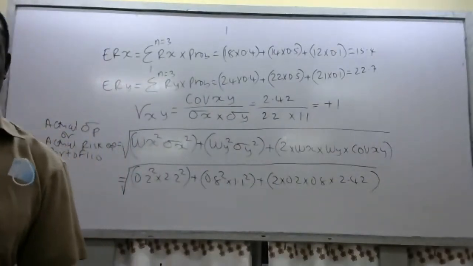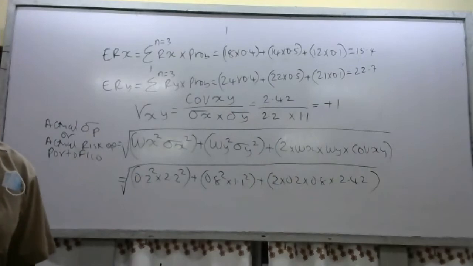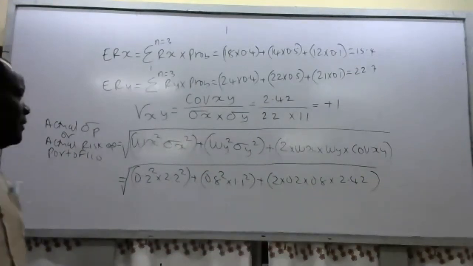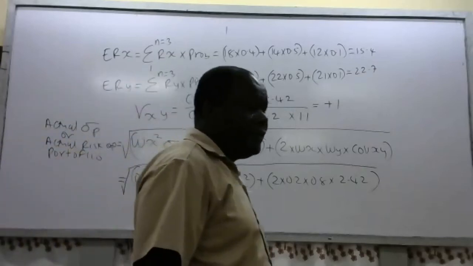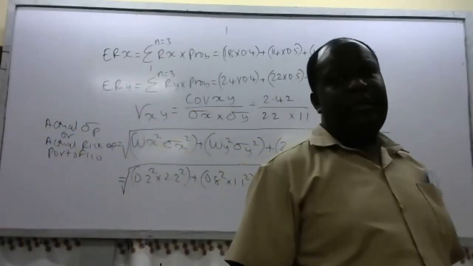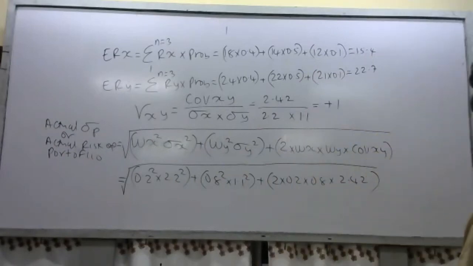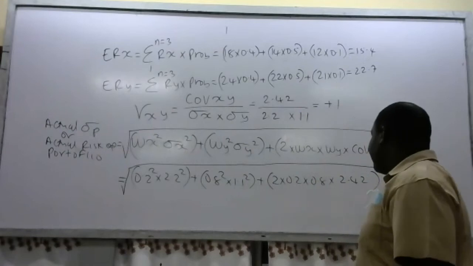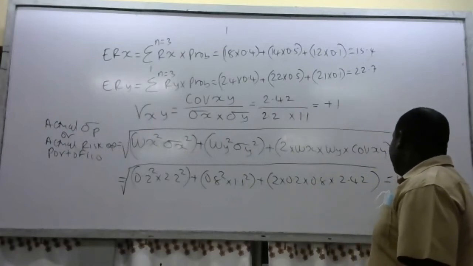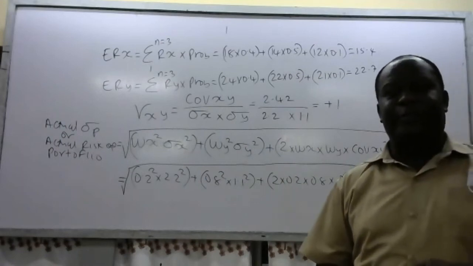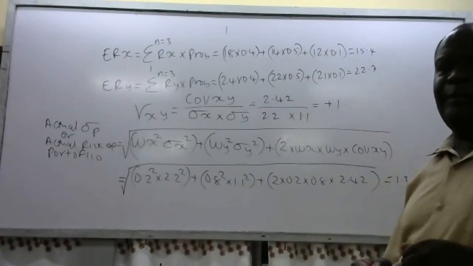So now we got Roman letter 4, where they want to get the reduction in risk due to the portfolio diversification. When you compute this figure, you will get 1.32.